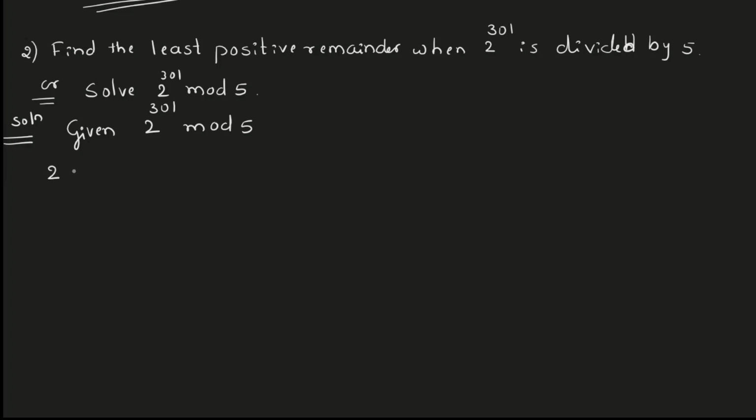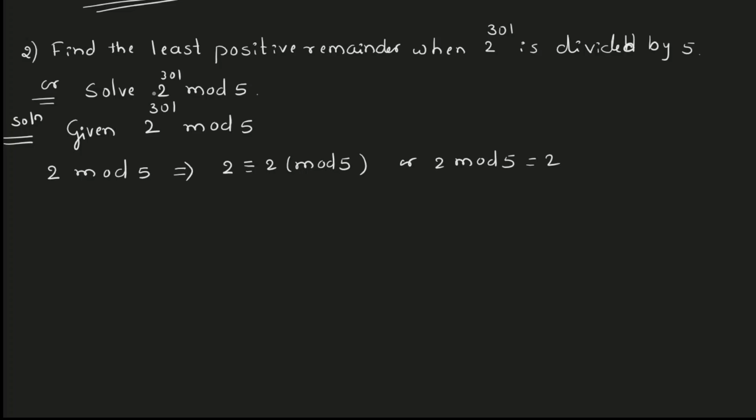So base is 2, 2 mod 5. 2 mod 5 means what? Whenever you divide 2 by 5, because 2 is smaller, the remainder will be 2 only. Yes, how you write? You may write it in the form of congruence. 2 congruent to 2 mod 5. Or as I wrote before, 2 mod 5 is equal to 2. That is the remainder.